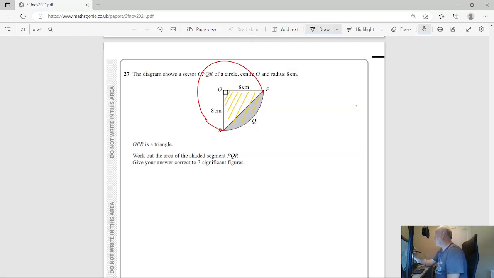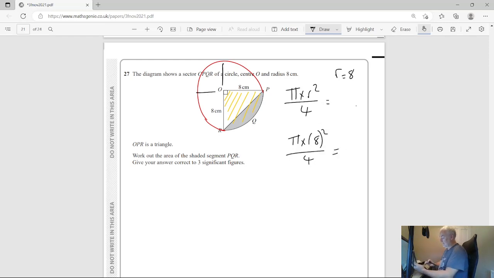So we're going to do pi times radius squared. The radius we know is 8. And remember, we've got 1/4 of a circle. So if we divide it by 4, that's going to give me the whole area that we've just done in yellow. So I'm going to take pi times 8 squared divided by 4.